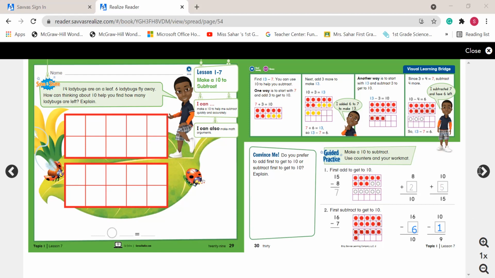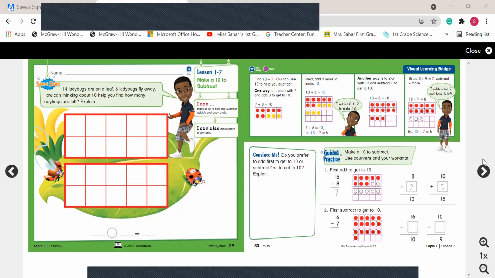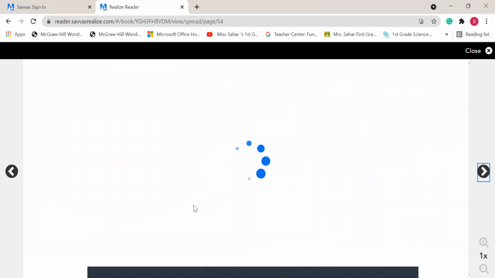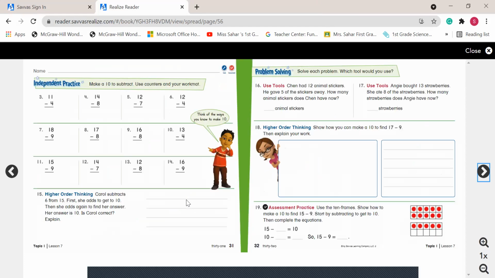All right, let's go. Turn the page and go to our independent practice, pages 31 and 32. Now, this is your 10. Make a 10 to subtract. Use counters and your work mat.